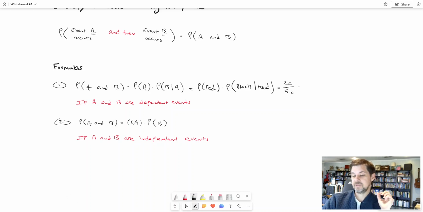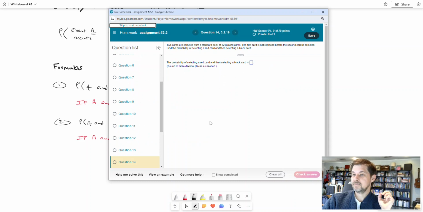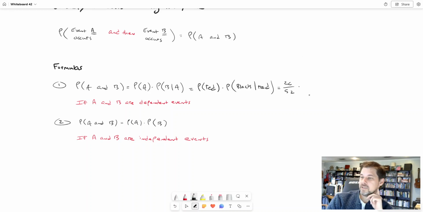Remember, that was one of the conditions of the problem, that the first card is not replaced before taking the second card out. So there are 26 black cards still in the deck, but only 51 cards total, as we talked about. Now I multiply those and I'll get my answer.